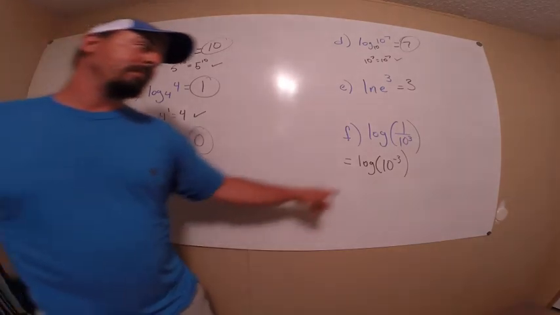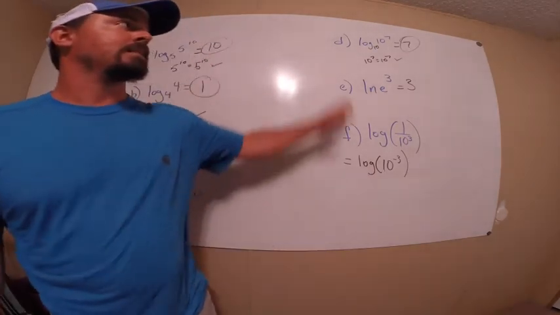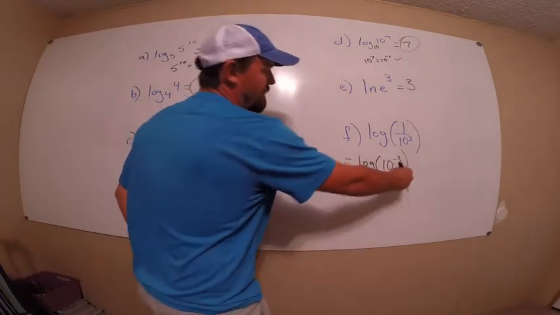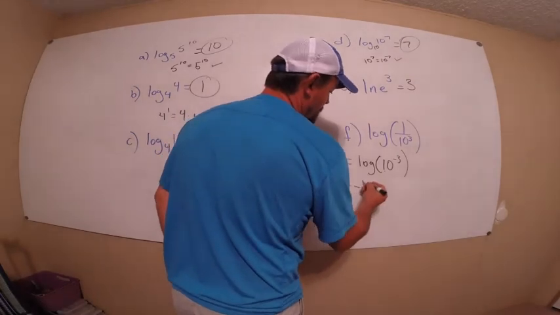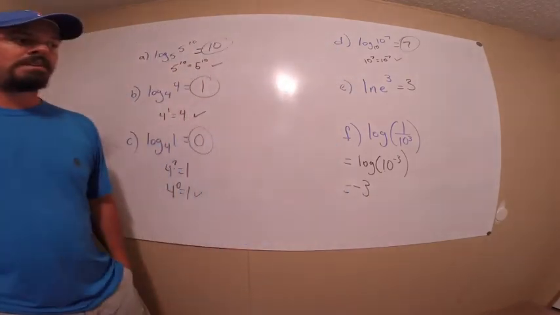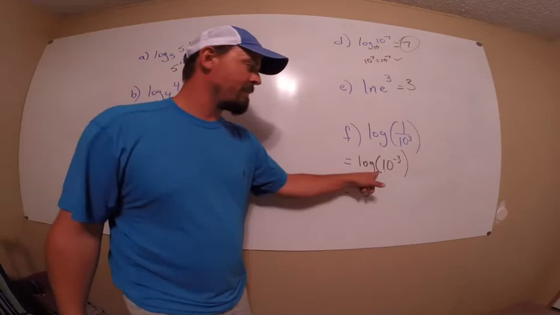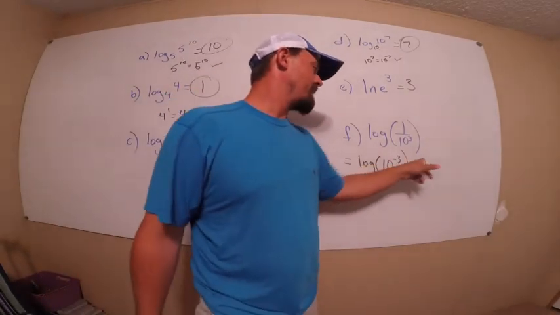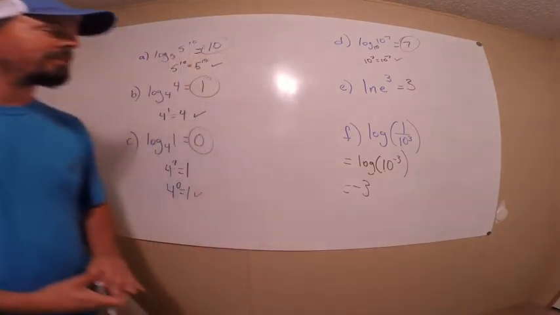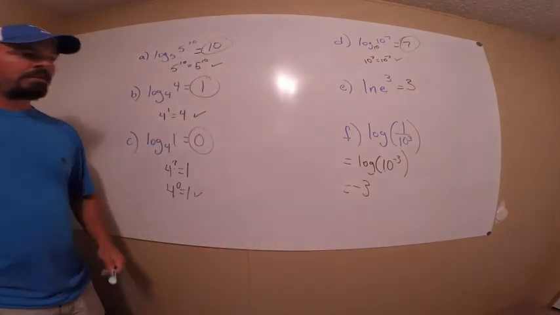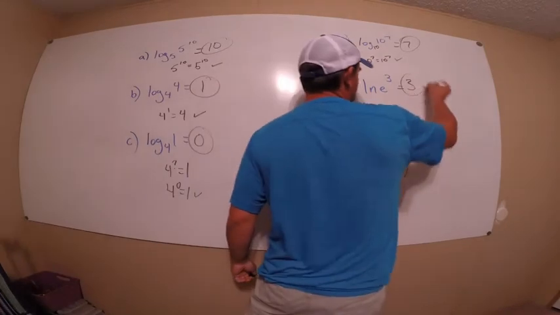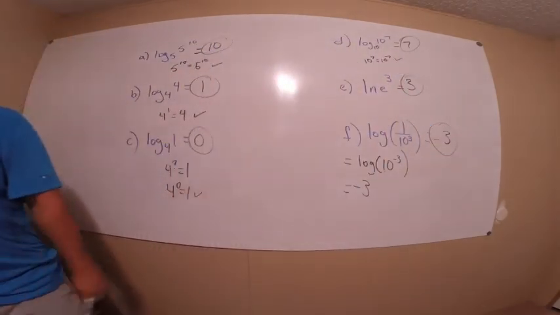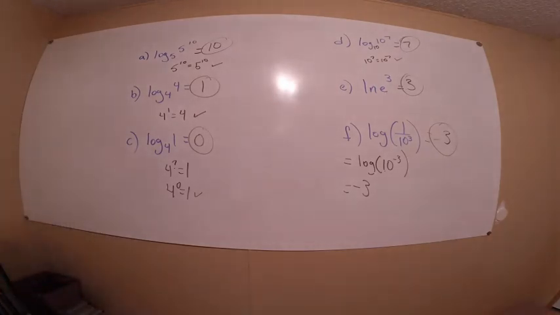Log of 10 just kind of cancels itself out and leaves me with that negative 3. Easy as that. Or you could say imaginary 10 here, log base 10 of 10 to the negative 3 equals negative 3, if that's how you want to think about it. So your answer for the previous one is 3. Your answer for this one is negative 3. Those should be really, really simple.